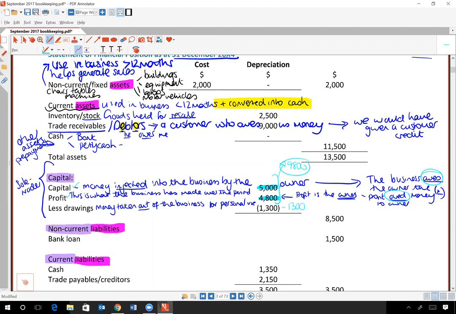So the company doesn't owe them 9,800 because actually they've already taken some money out. So 9,800 less 1,300, does that come to 8,500? Brilliant. So the drawings come out of the capital effectively, but we do show it differently. Does that answer your question?